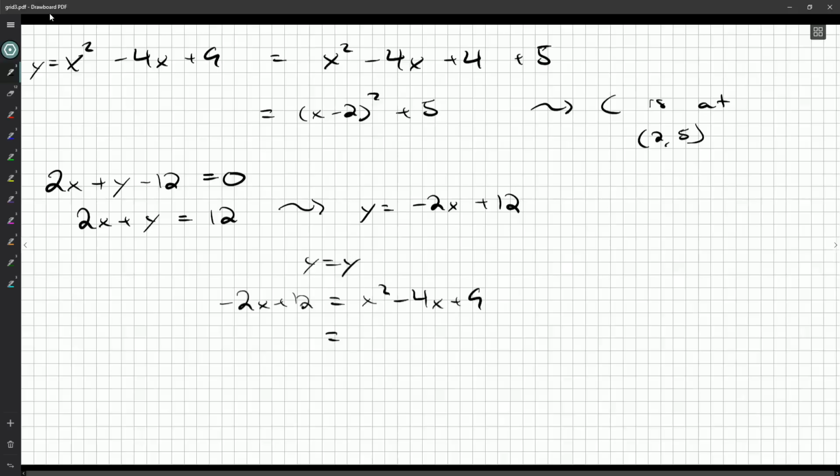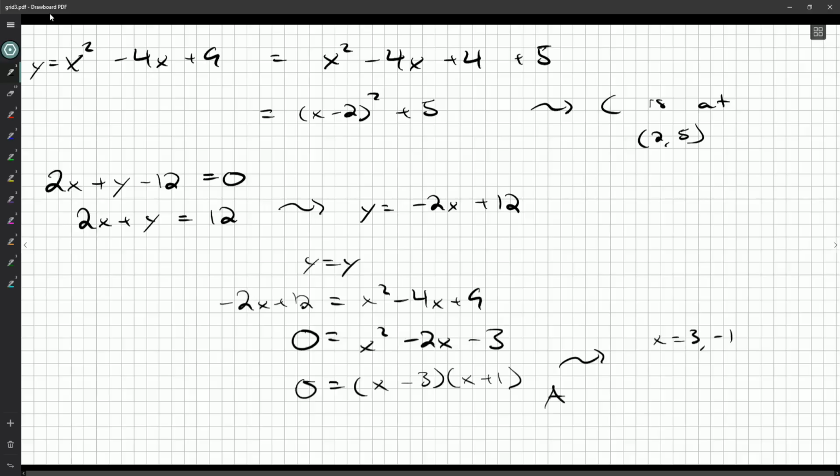We'll get 0 on this side, x squared, add 2 x's to both sides, so minus 2x. Subtract 12 from both sides, you'll get minus 3. And this factors into x minus 3 and x plus 1. So x is 3 or minus 1. So let's say A is at x equals minus 1.